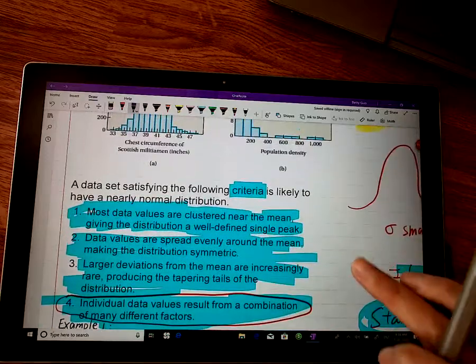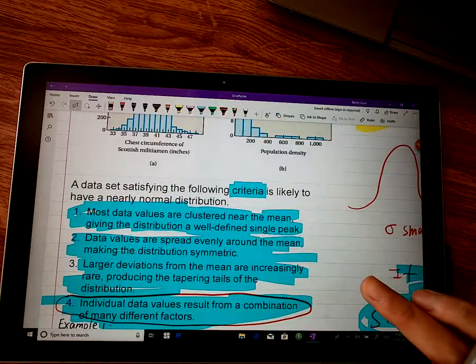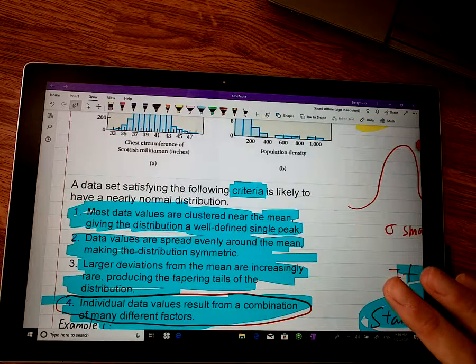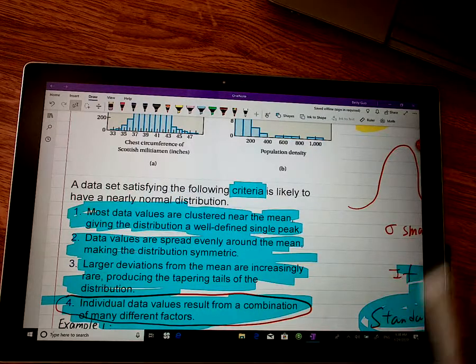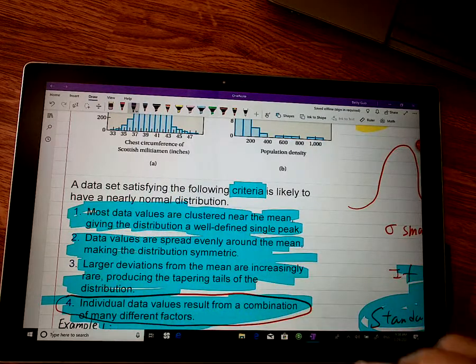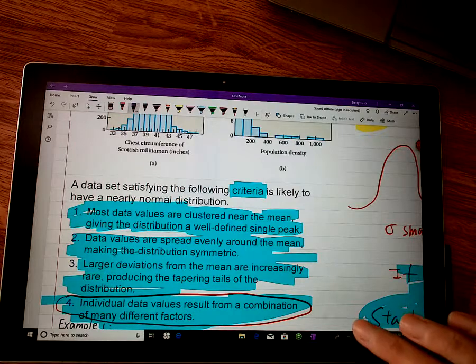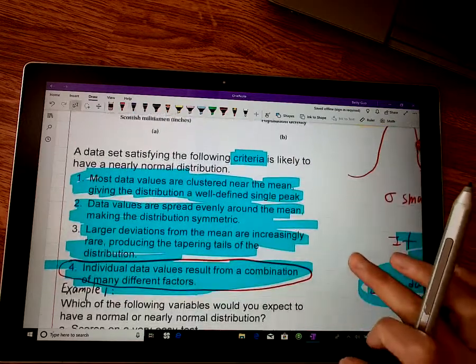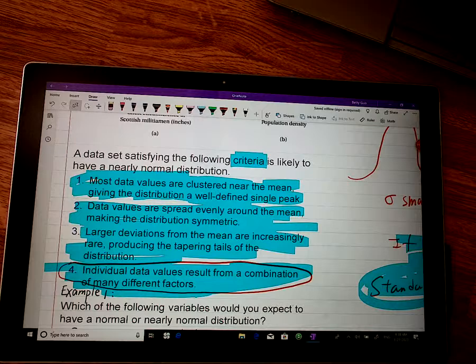What kind of data set is normally distributed or roughly normally distributed? A data set satisfying the following criteria is likely to have a nearly normal distribution. We have the following four criteria.